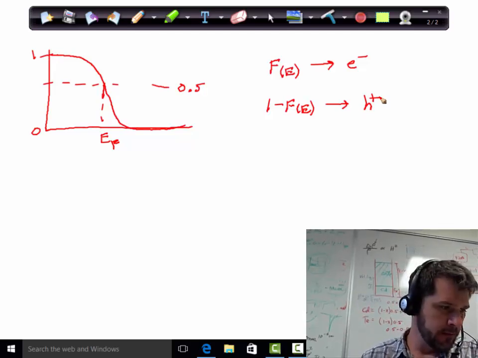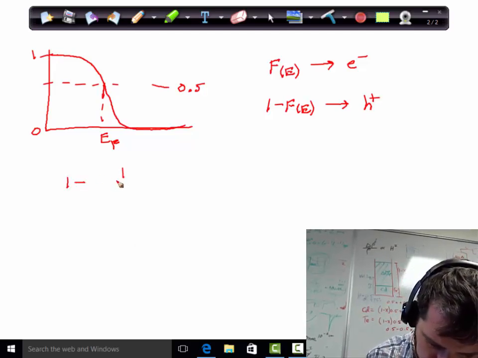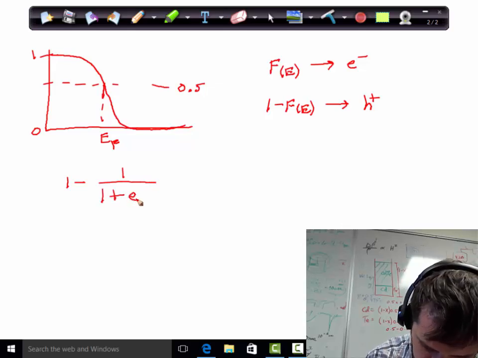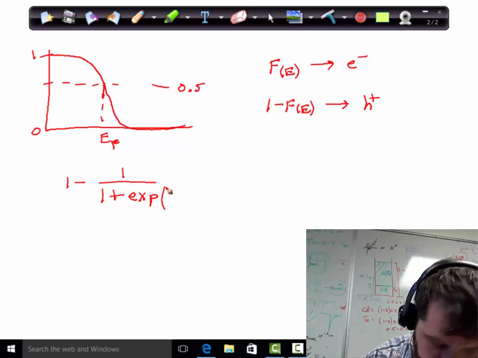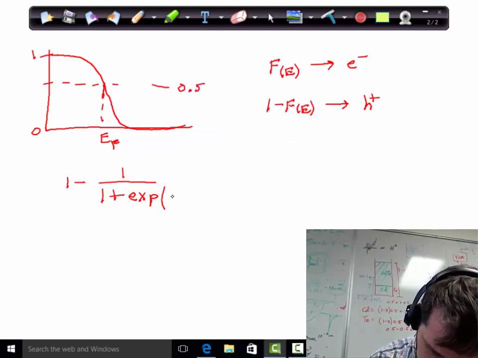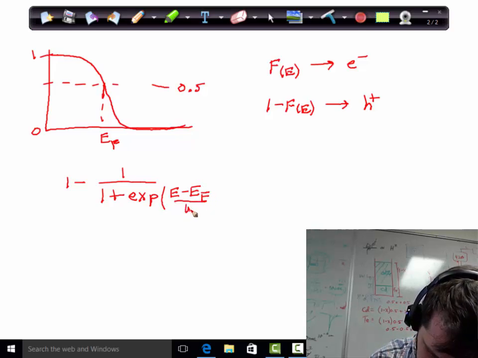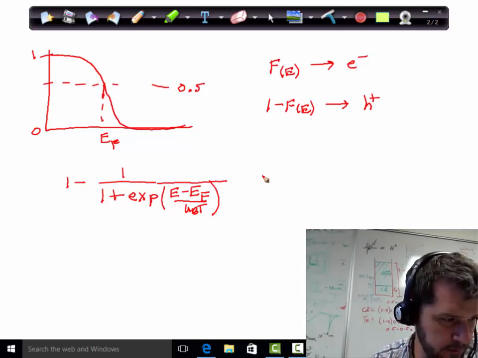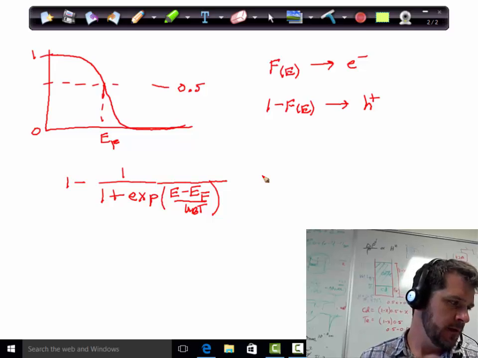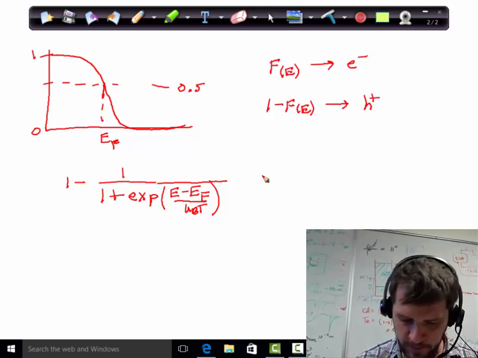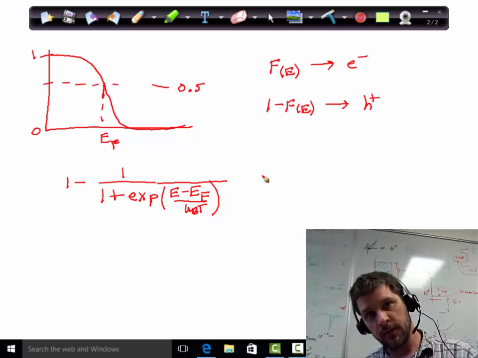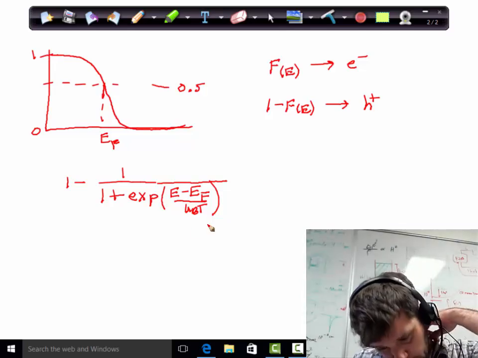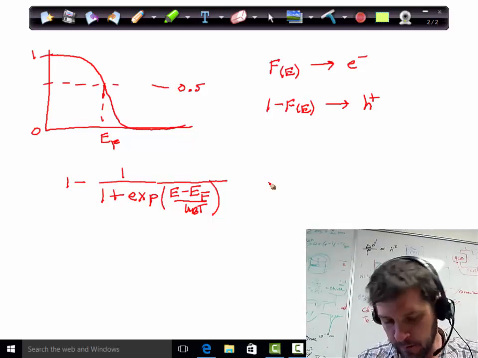If we work out the math, 1 minus 1 over 1 plus exp of (E minus EF) over kBT, you can do the manipulation and find out that the sign in the numerator basically changes. And if you do the Boltzmann approximation, it gets even easier to see.